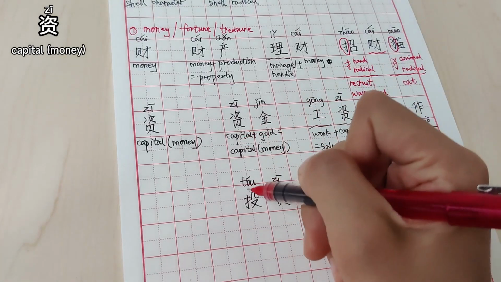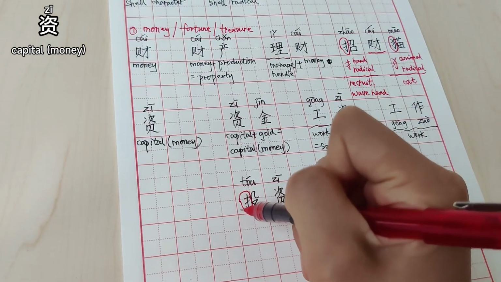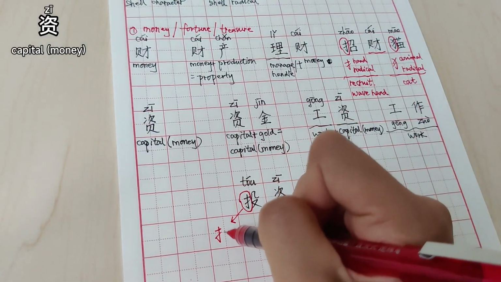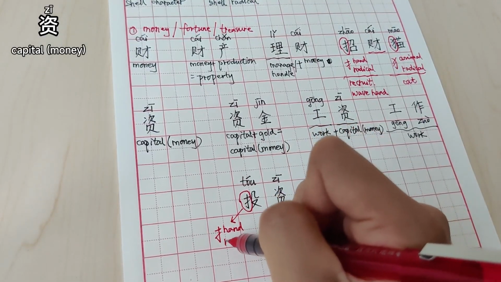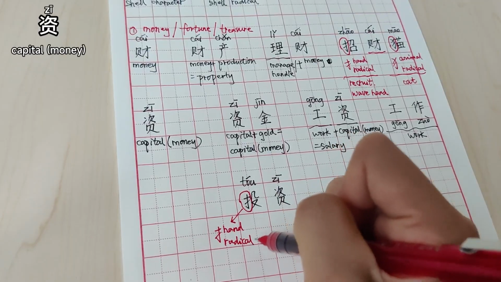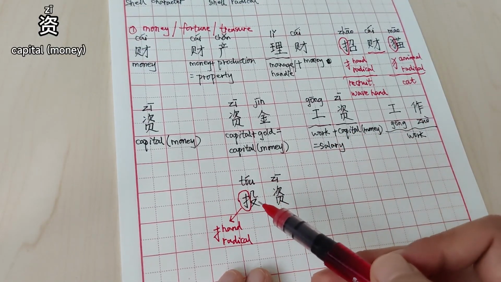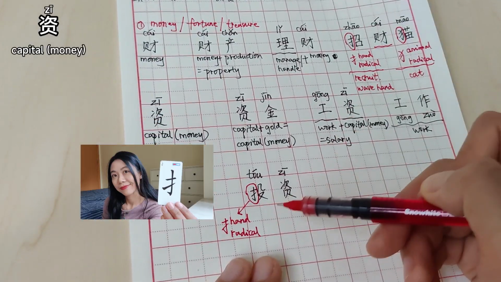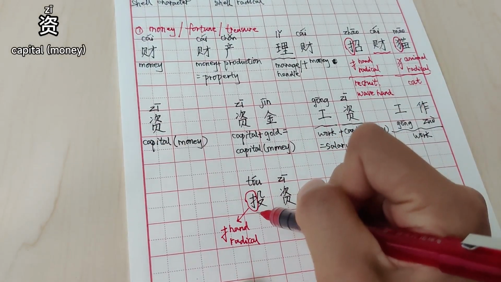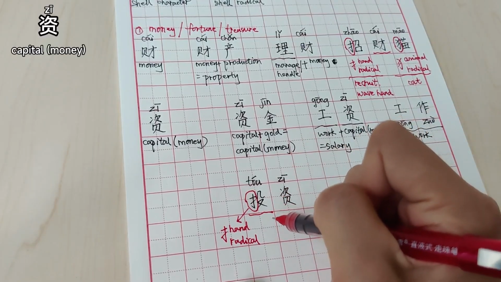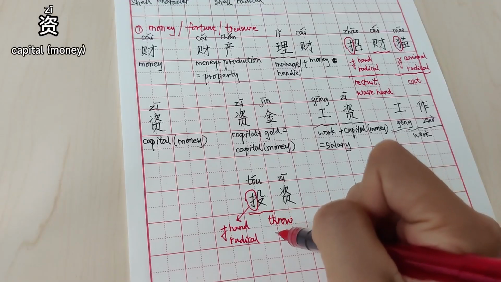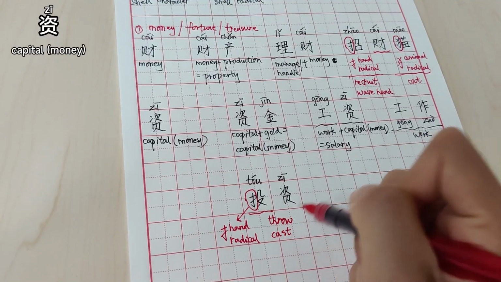Again, you can see on the left side of the 投 we have a hand radical. Again, the 投 and the 招, they all have the hand radical. And the 投 itself means to throw or to cast.